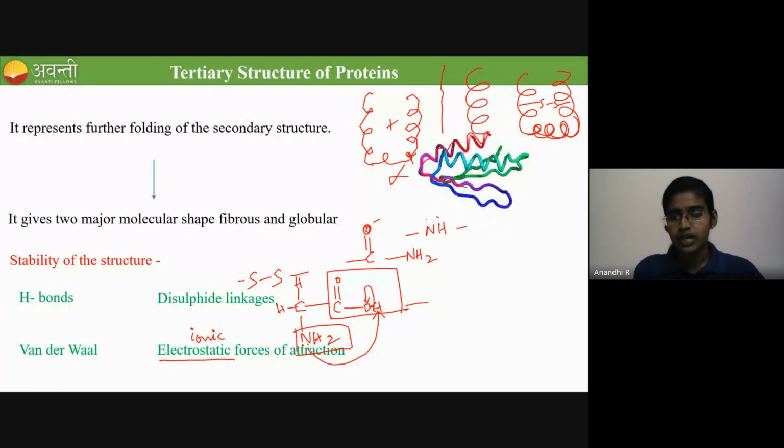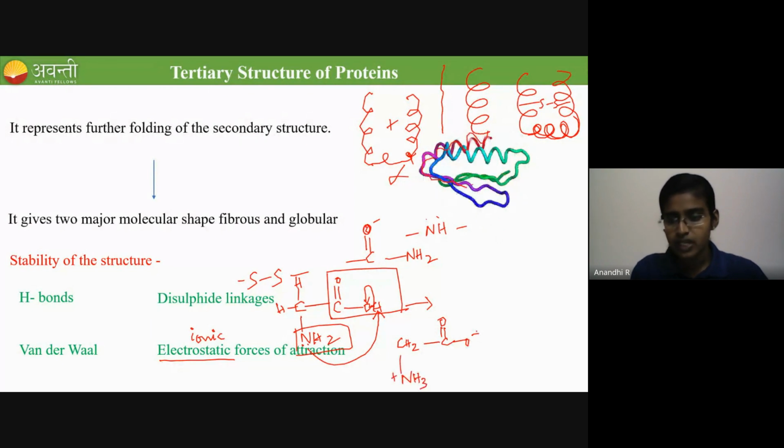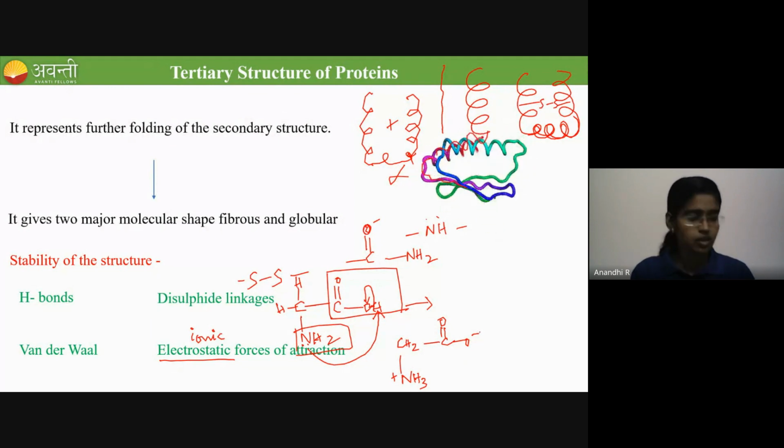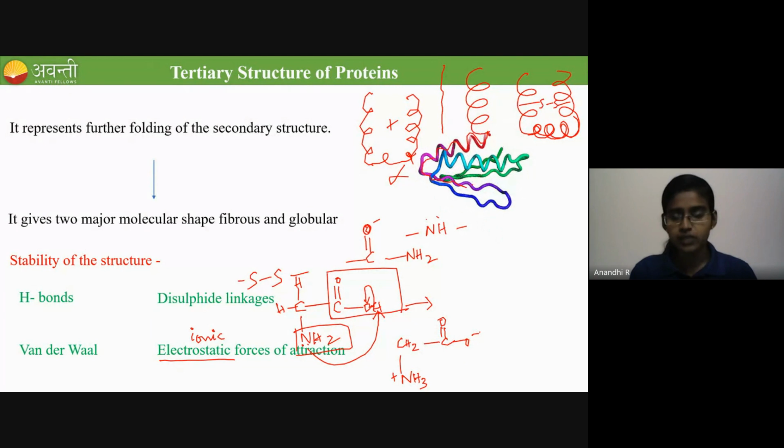So you get a zwitterionic kind of structure, which we discussed in the previous class. It is O minus, and here we get N plus. So we have negative and positive centers, which will act as an ionic force of interaction between the two amino acids.